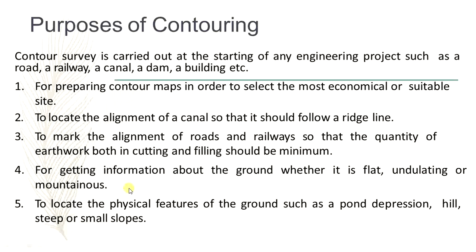With the help of the contour we get additional information on whether the ground is flat, undulating, that is rising or falling, or mountainous. To look at the physical features of the ground such as a pond, depression, hill, steep or gentle slopes.